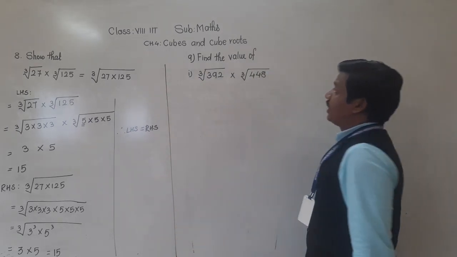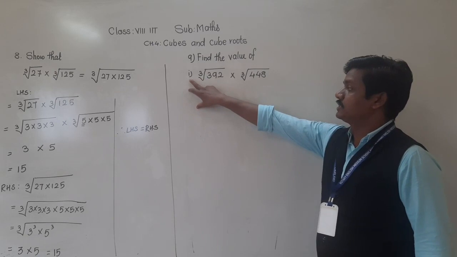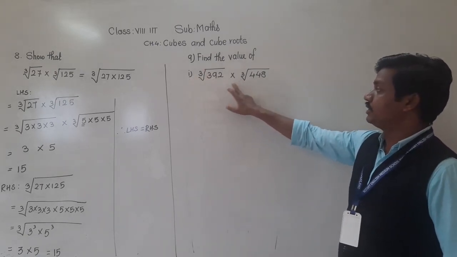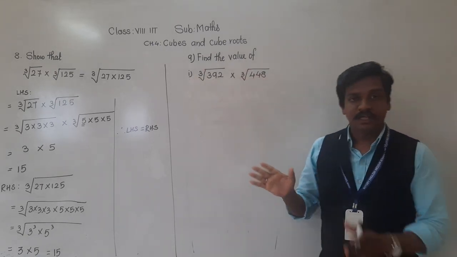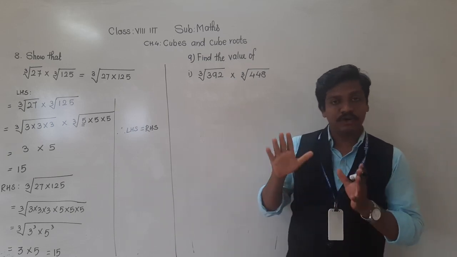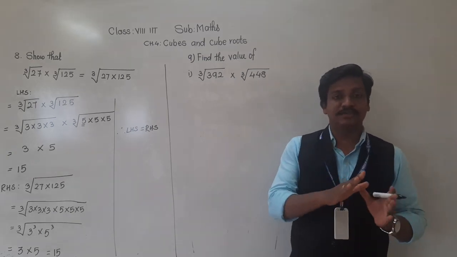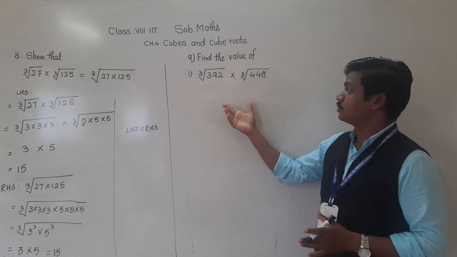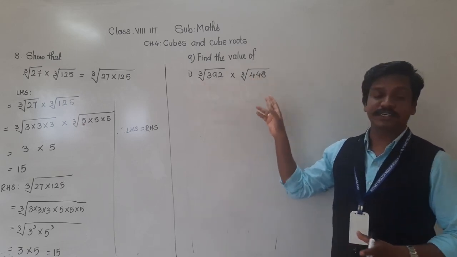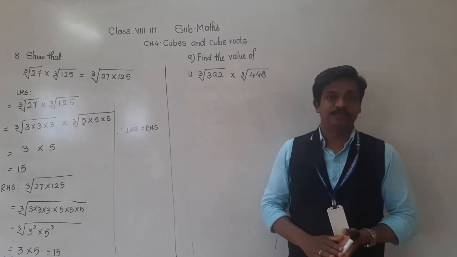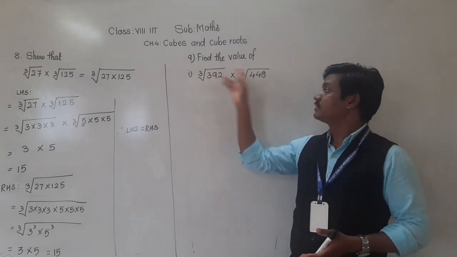Question number 9. Find the value of, first example, cube root of 392 into cube root of 448. Now see, if you have memorized cubes from 1 to 10, you might have come to know that 392 and 448 are not perfect cubes. Even though, we have to find its value.